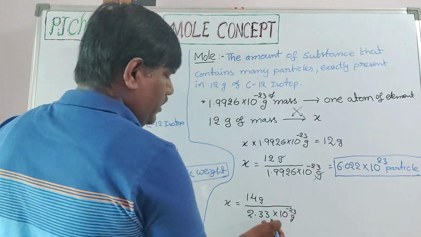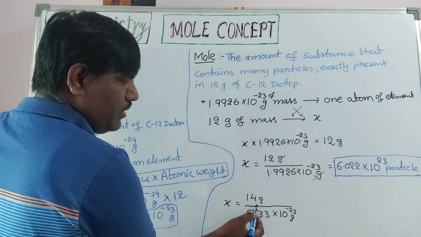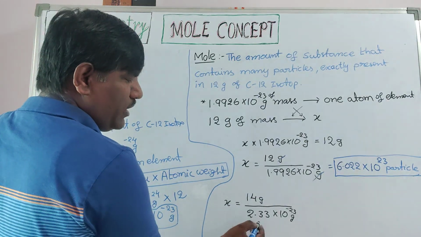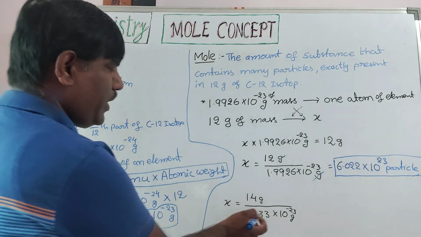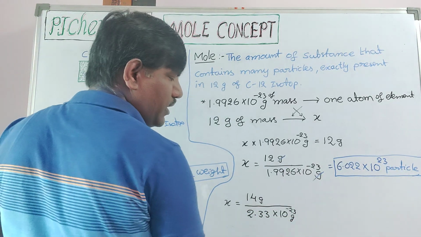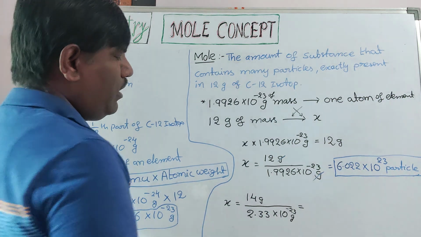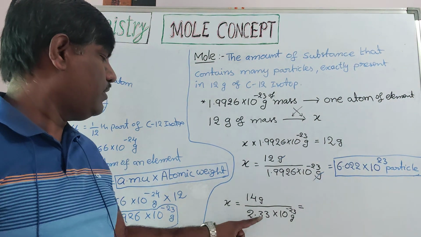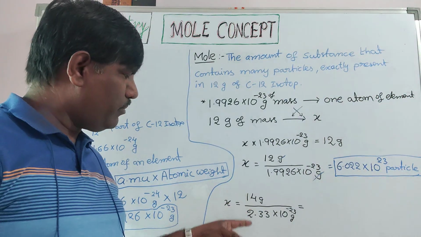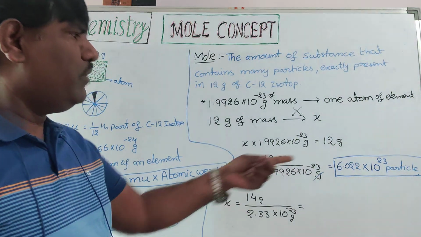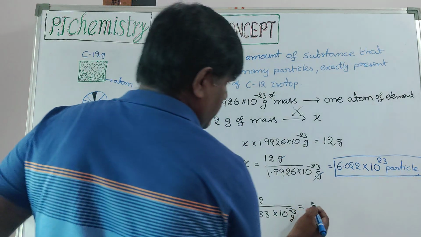Now, this is for the mass of nitrogen, 14 grams, and the mass of one atom of nitrogen is 2.33 into 10 to the power minus 23. Now, see here, if you divide 14 by 2.33, you will get the same value, 6.02 into 10 power 23 particles.